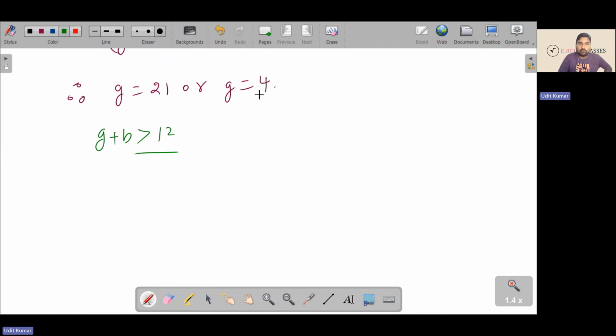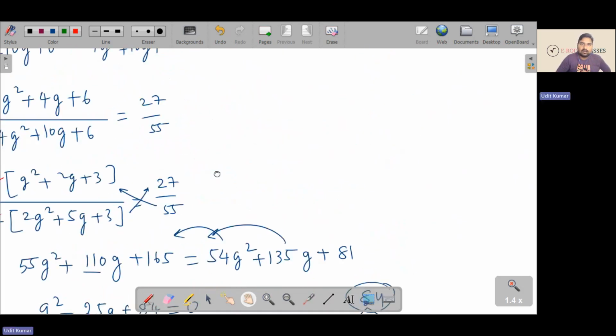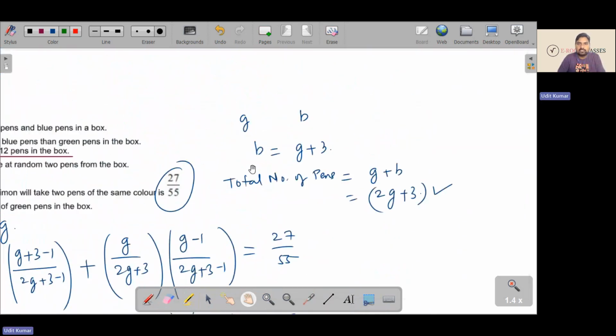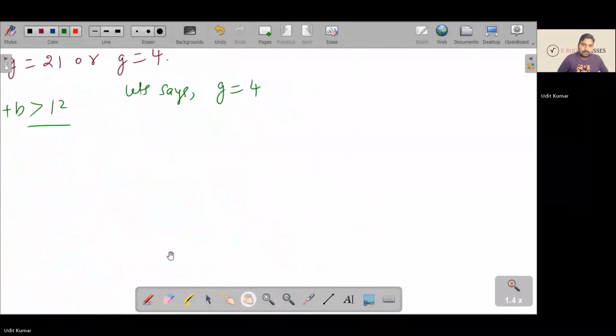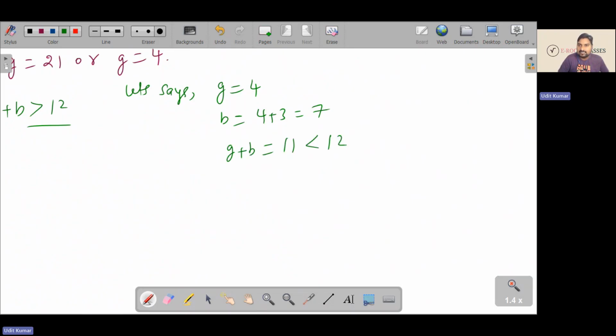Now, if g is 4, then b will be g plus 3, right? According to the question. If g is 4, then b must be 7. So b is going to be 4 plus 3, 7. And g plus b in that case is 11, which is less than 12. So g equals 4 will be rejected, right?